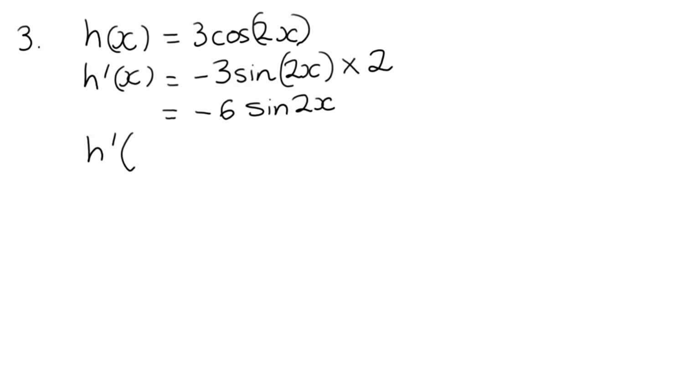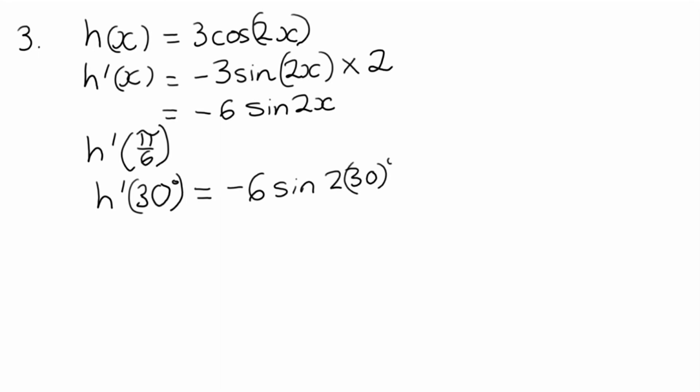We were asked to find h dash of pi over 6. That just means 30 degrees, because 180 divided by 6 is 30. So if we convert the radians into degrees, we get 30 degrees. And 2 lots of 30 will be 60 degrees.